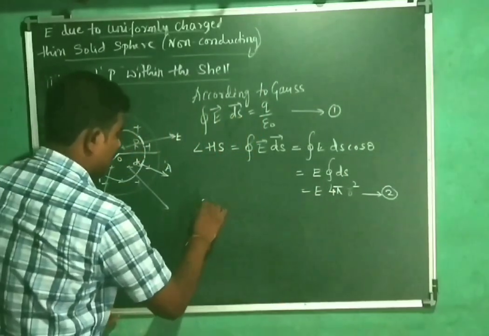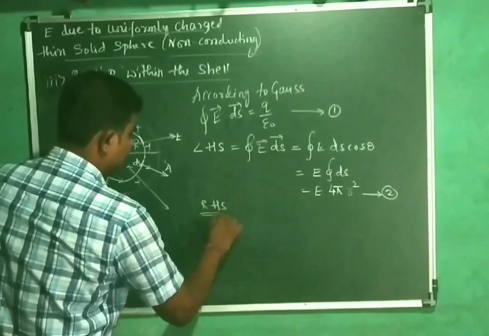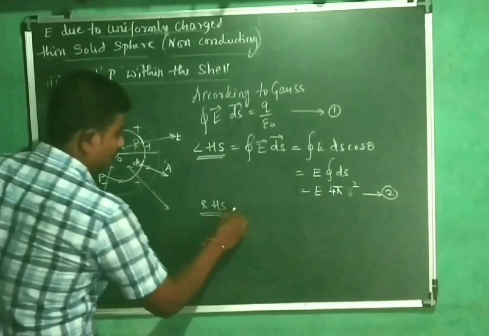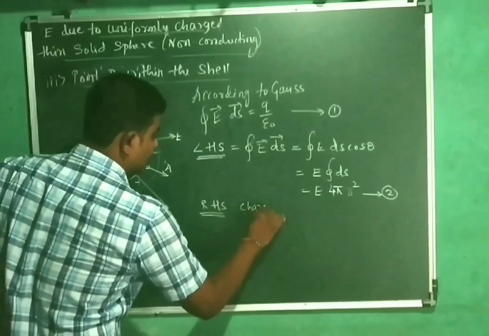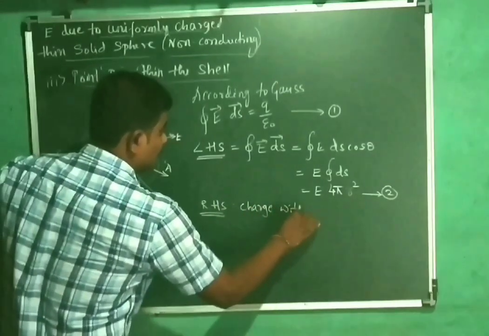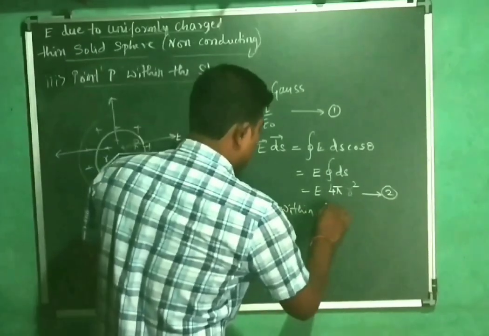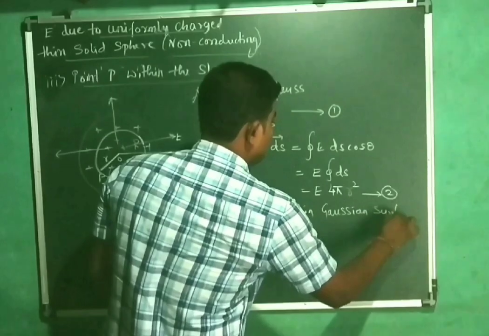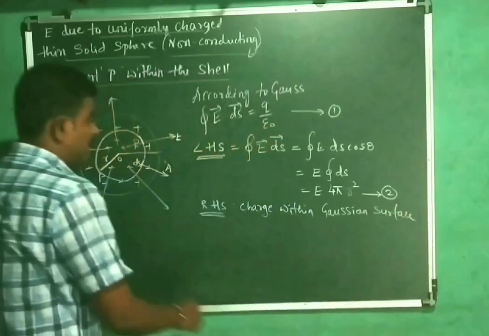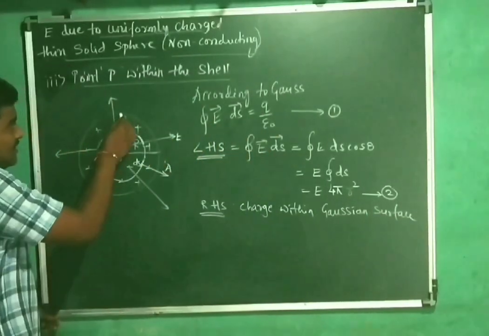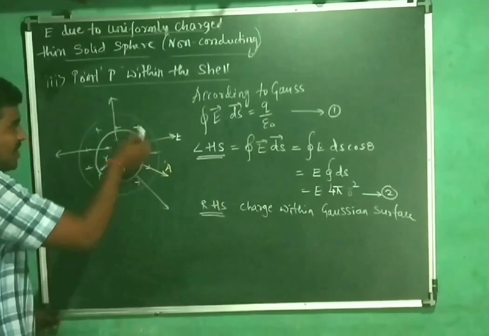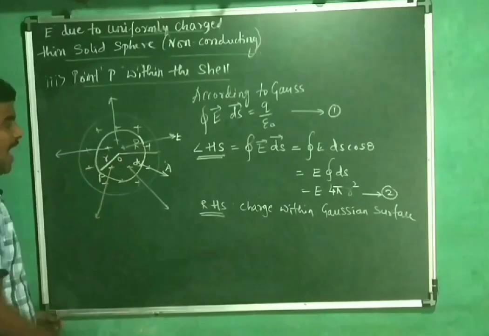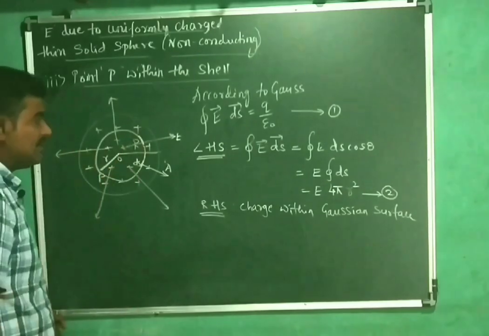And RHS part, please do observe, my dear students, RHS part is the charge within the Gaussian surface. For this, this non-conducting shell has many charges, and we have considered a Gaussian surface within the shell, and this shell has included some of the charges.